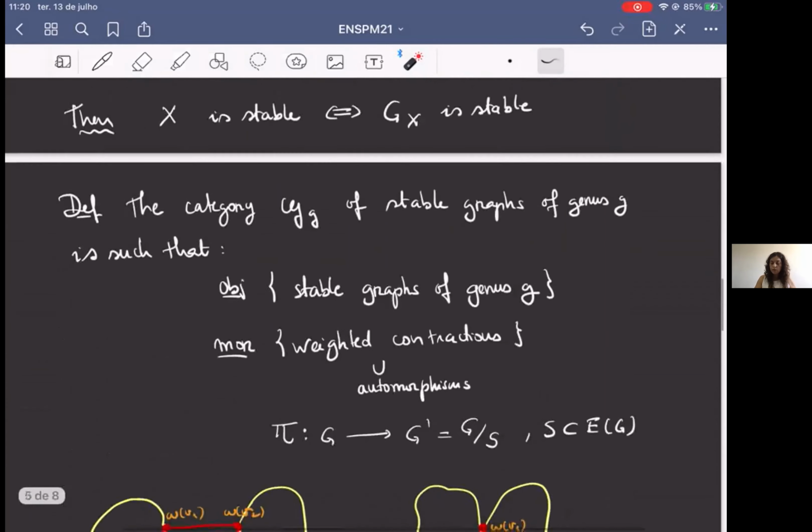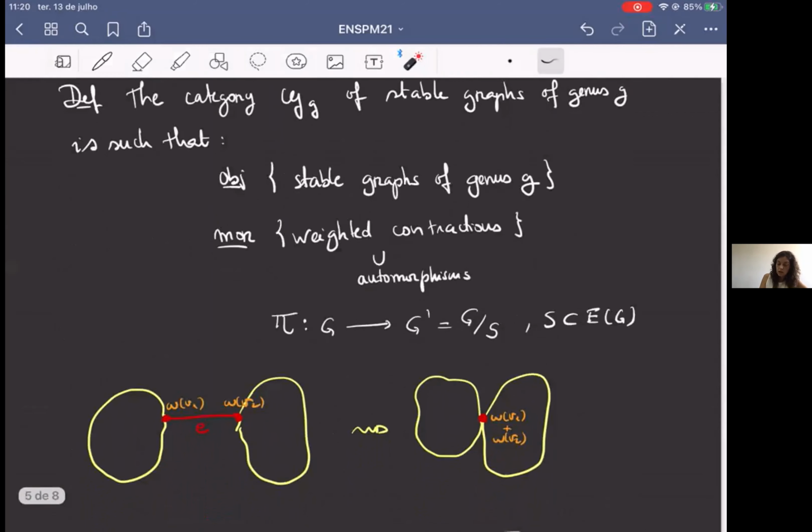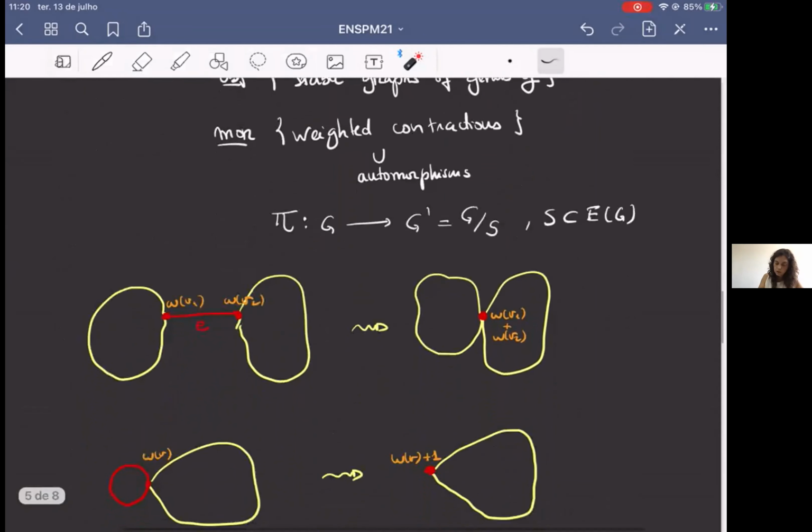And then out of this, we can describe the category of stable graphs of genus g, which is the category whose objects are going to be stable graphs of genus g, and morphisms are going to be given by weighted contractions. So what are these weighted contractions? Let me tell you in pictures. Watch this.